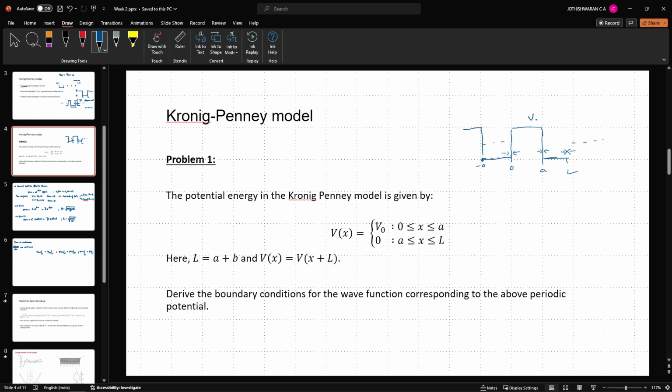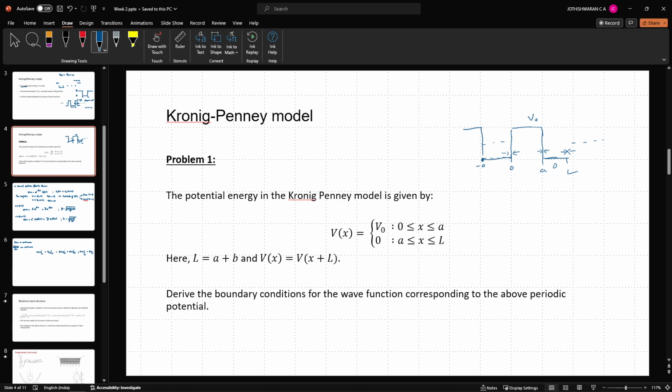So this is V naught, this is 0. Any condition that I'm applying over here is equally valid over here, because the environment at 0 minus is the same as L plus, and 0 plus is the same as L minus.